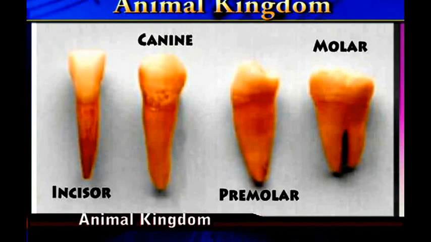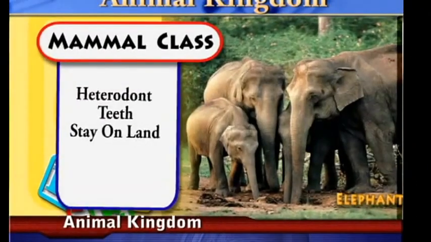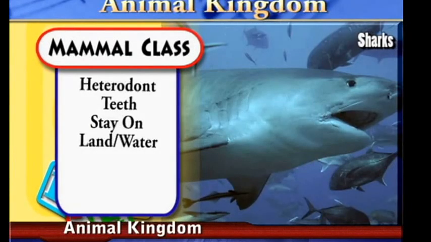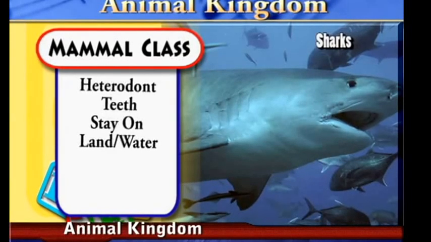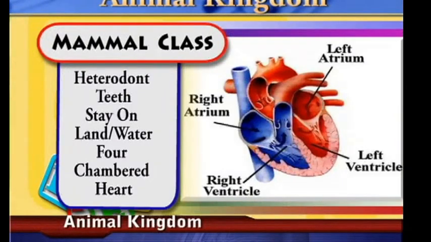And you will find that organisms in this class can be land dwellers and others are aquatic dwellers. There are those that live on land and there are also those that live under water. Organisms in this class have a heart which has 4 chambers. The heart has 2 auricles and 2 ventricles.